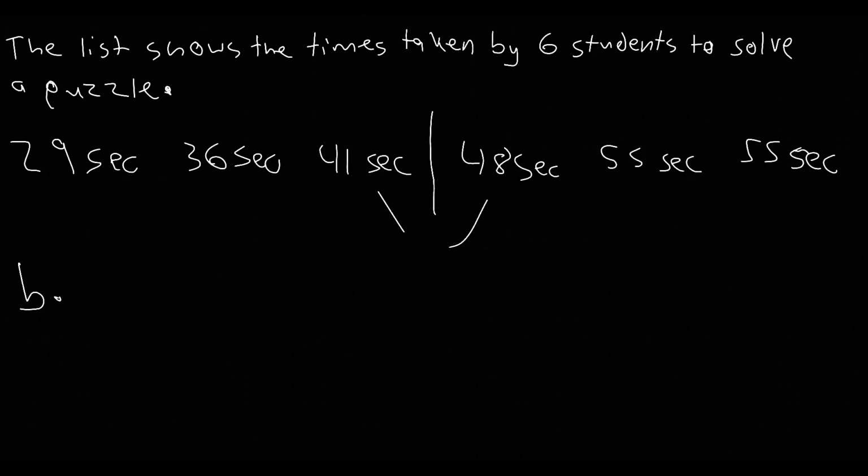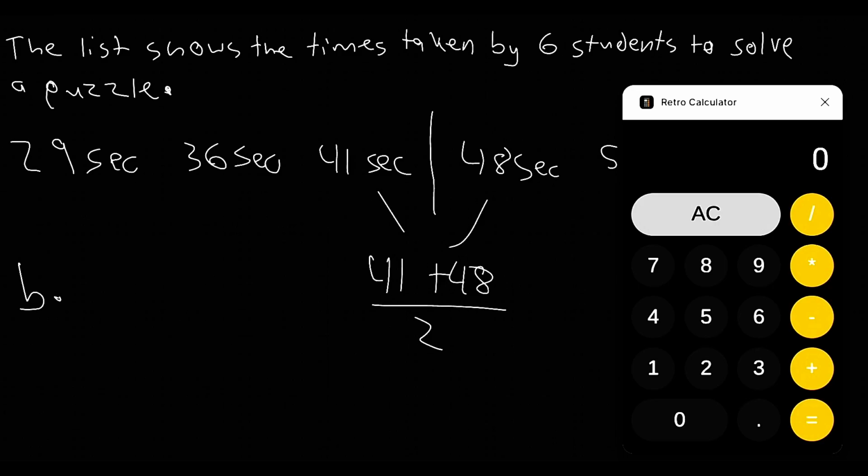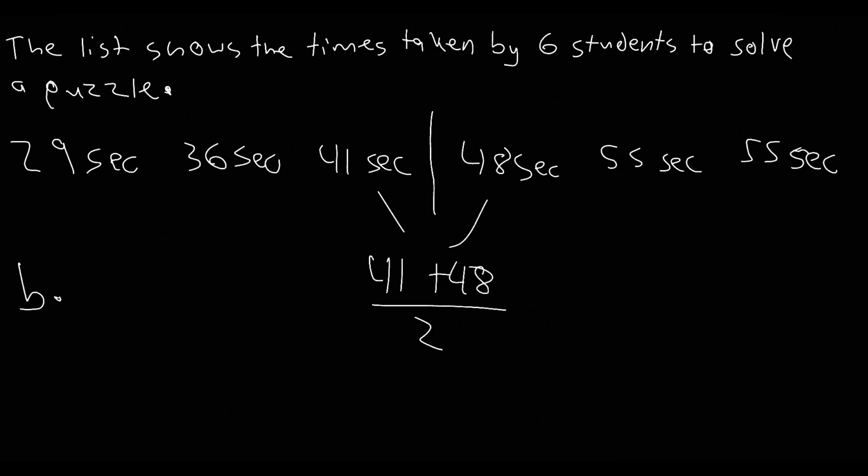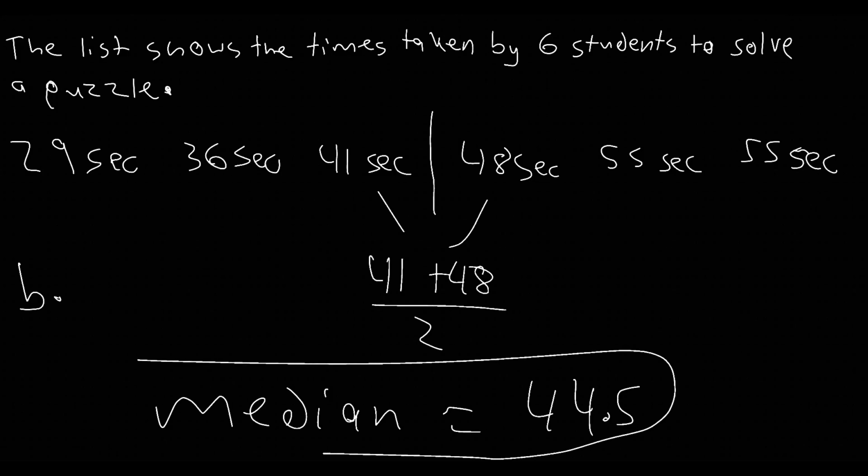So you can just put it in your mind what's between 41 and 48, or you can just write 41 plus 48 over 2, and then after using a calculator, 41 plus 48, then divided by 2 gives me 44.5. So therefore, this answer is my median. So my median is 44.5, and that is my final answer.